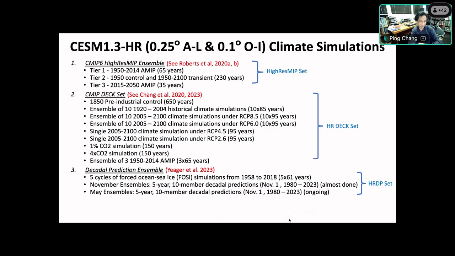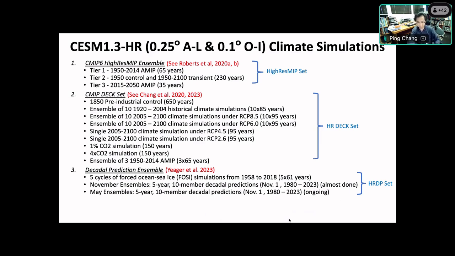The prediction contains two initialization dates, one is November 1st, and the other one is May 1st. So we have a November ensemble and a May ensemble. Each ensemble contains 5 years and 10-member decadal predictions. We're in the process of completing all the ensemble predictions initialized for each year.